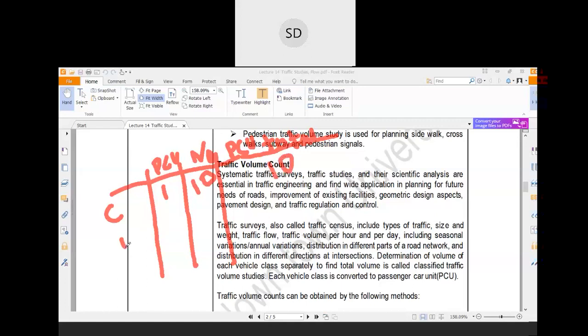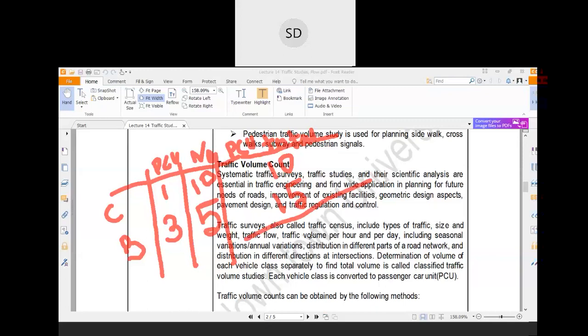Now suppose there are buses. Suppose the PCU value for buses is 3, and you have observed a total of five buses over there. So your total PCU count would be 5 into 3, that is 15.